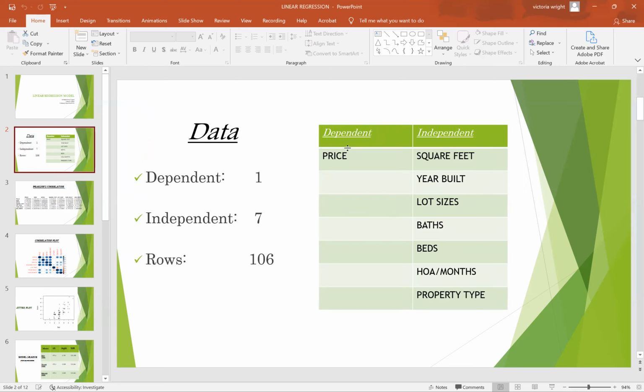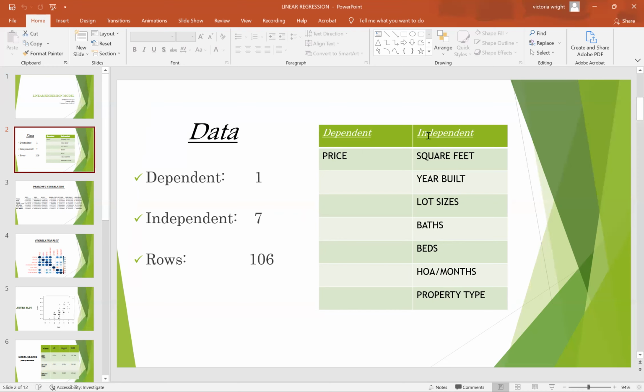I want to summarize my data set. In my data set, I have 106 observations, one continuous dependent variable, price, and 7 independent variables. Of the 7 independent variables, I have 6 continuous variables and 1 categorical variable.